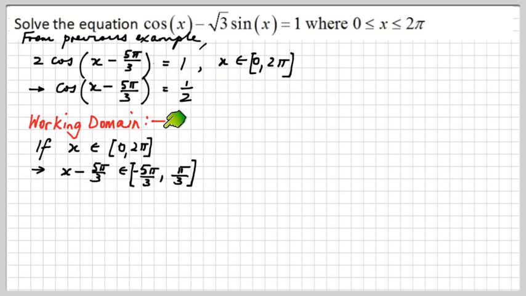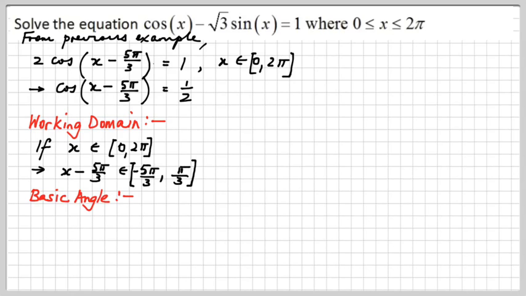So x minus 5 pi on 3 must go from 0 take away 5 pi on 3 to 2 pi take away 5 pi on 3, which gets us to that and that. Alright? Now, that's what I do. And that'll be the domain within which I work to capture my solutions to this equation. So stand by and you'll see what I do.